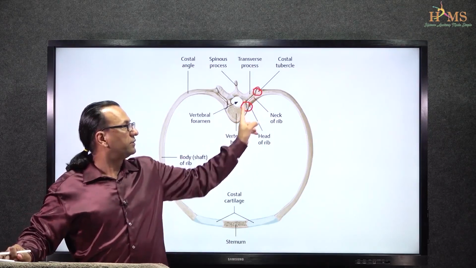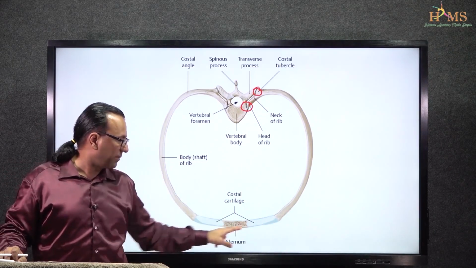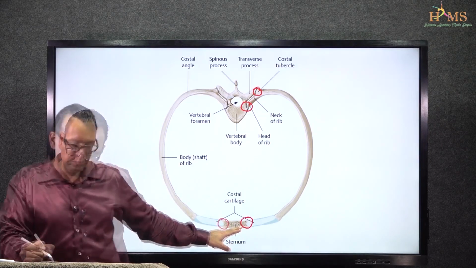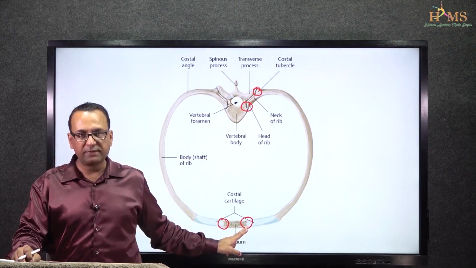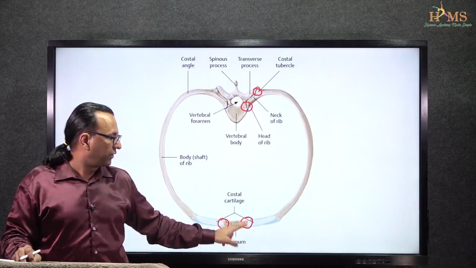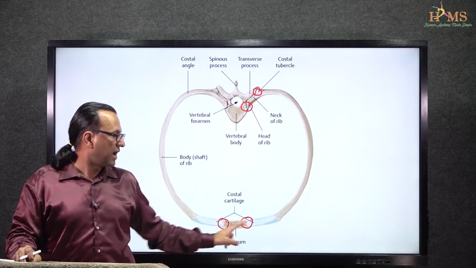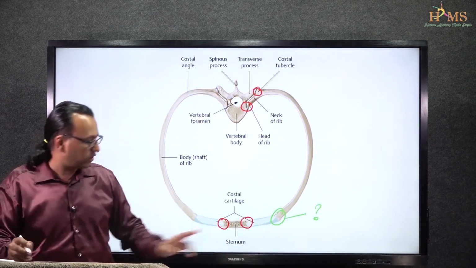And not only there, you have a plain synovial joint even when it is coming anteriorly to articulate with the sternum. So sternocostal joints are also plain synovial joints, freely mobile joints. But be careful, if somebody asks you about a joint here, then you will have to change your answer.